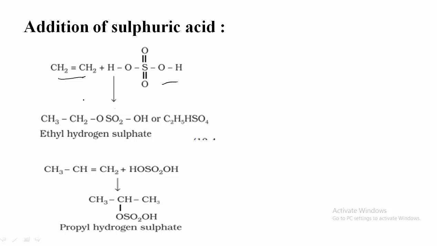So when it will attach to the ethene, then it will form ethyl hydrogen sulfate, and thus again it will rearrange to form propyl hydrogen sulfate. So simply remember these chemical reactions of alkenes, addition of sulfuric acid, what it will give.